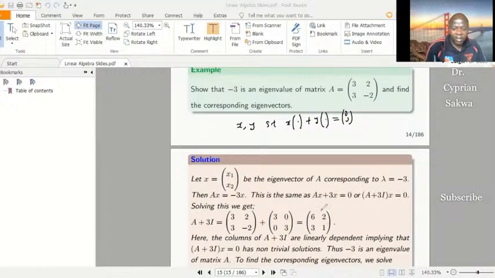Now, the interesting question here is find the corresponding eigenvectors. With that we will use this. We will solve this equation because we want to find this x. Let me show you what I did.